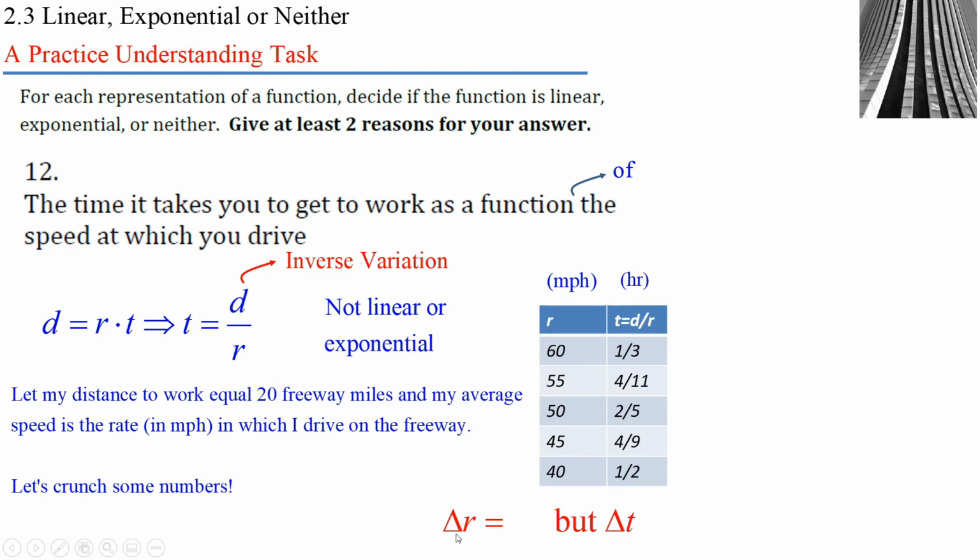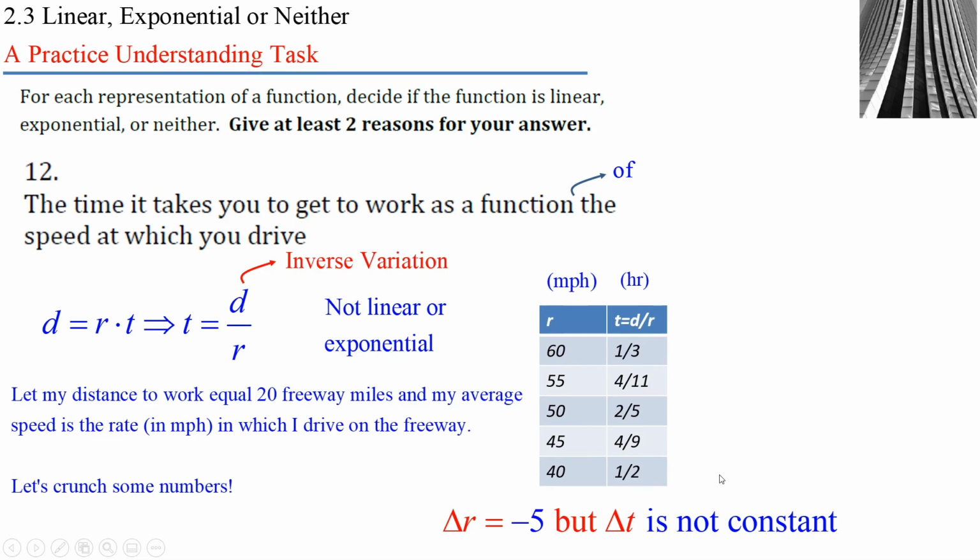That's constant. Delta R is -5. But what's delta T doing? I'm not decreasing or increasing by the same number here. I went from 1/3 of an hour to a half hour, all right? But not by the same interval every time. But delta T is not constant. So that tells me it cannot be linear.